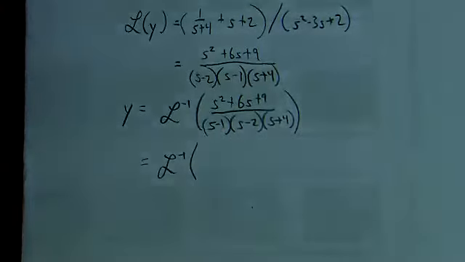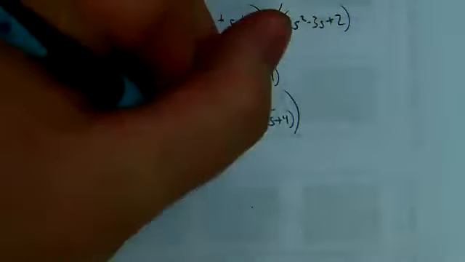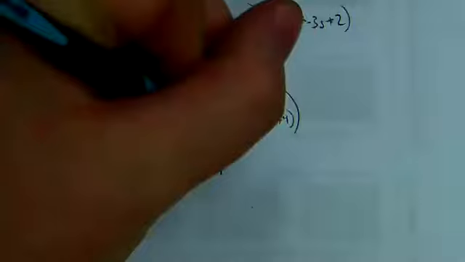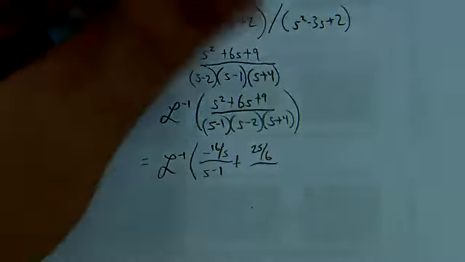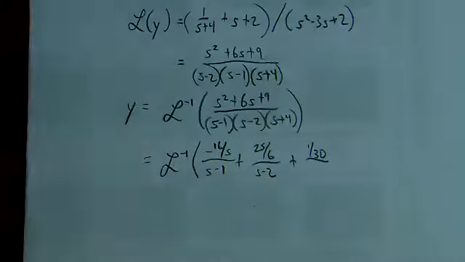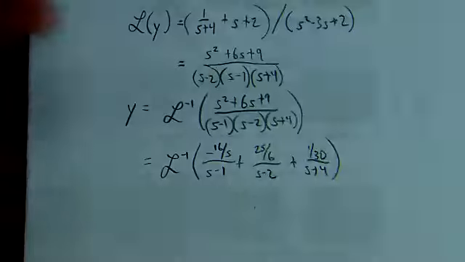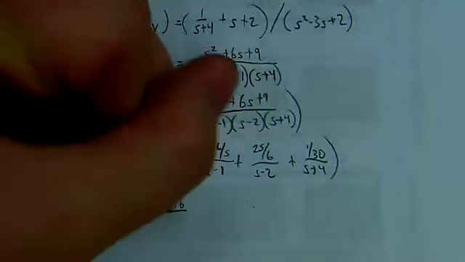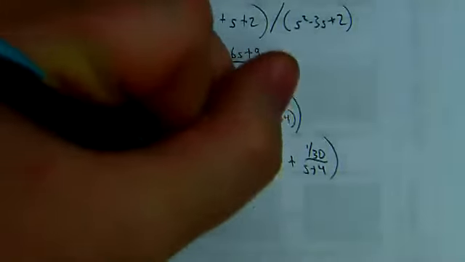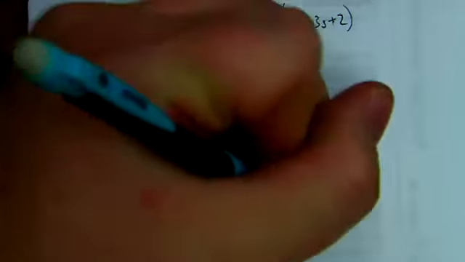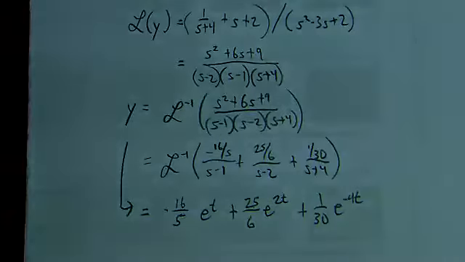This is the inverse Laplace of negative 16 over 5 over s minus 1 plus 25 over 6 over s minus 2 plus 1 over 30 times s plus 4, which means that this is negative 16 over 5 e to the t plus 25 over 6 e to the 2t plus 1/30 e to the negative 4t.